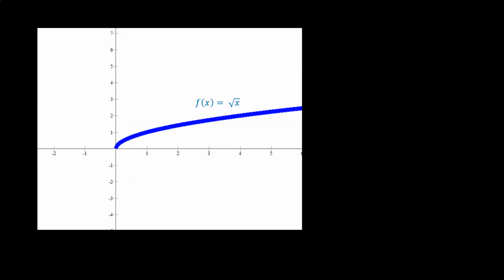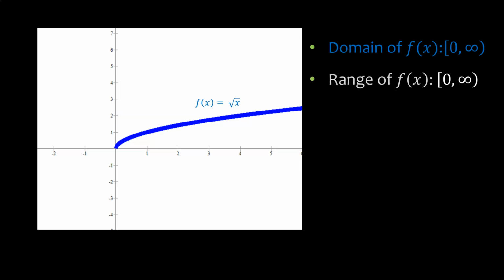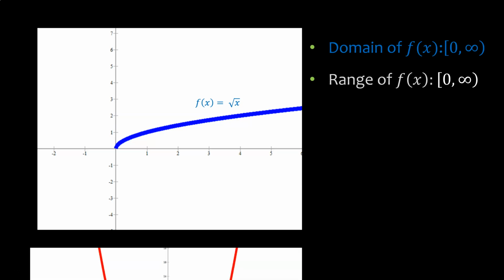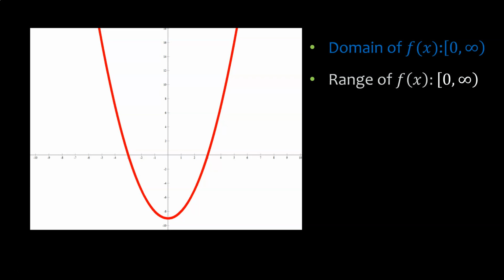Now, we're going to take a look at that one more time, but just using pictures. We are starting with the function f of x equals square root of x, where the domain is 0 to infinity and the range is 0 to infinity as seen in this picture here. Now we're going to take that range and see if it is going to map into the domain of the function h of x equal to x squared minus 9.